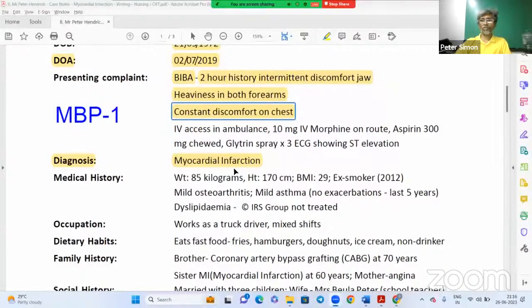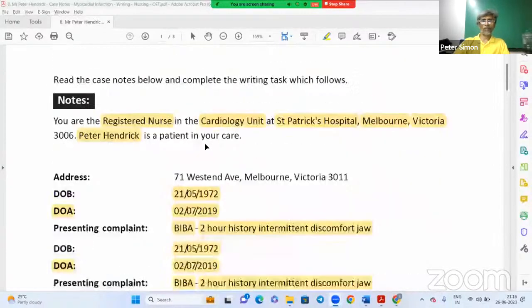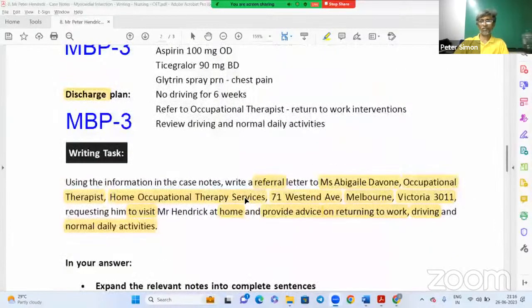Whichever is important you feel, those you can write. You are writing this letter to whom? You are writing to occupational therapy services. So what is important for occupational therapists? Only those relevant to occupational therapy services you can write.